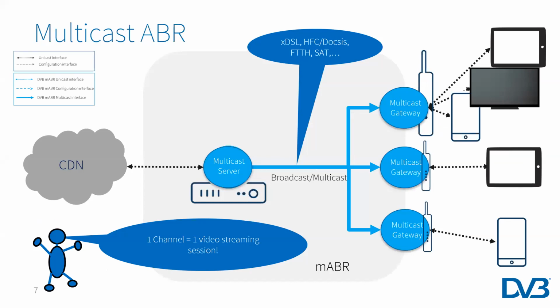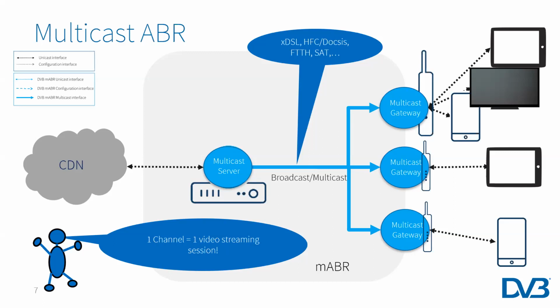So what is multicast ABR? For having multicast in the picture, we basically use two components. First, a multicast server that sits and talks with the CDN. The multicast server is like a classical ABR player client: it gets its content from the CDN instead of the player.